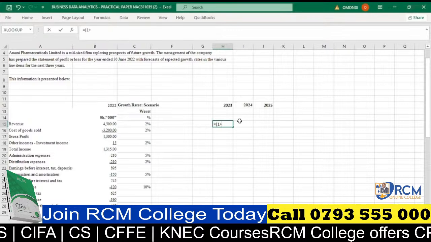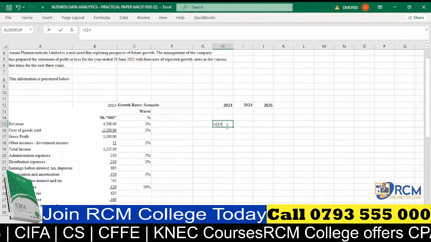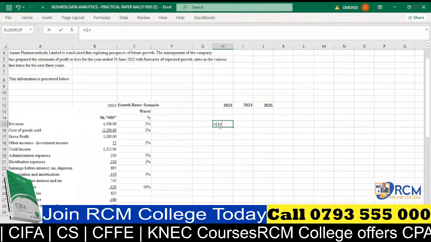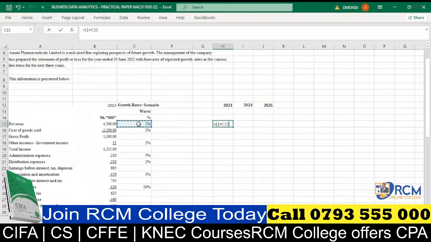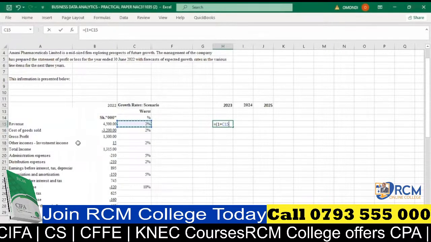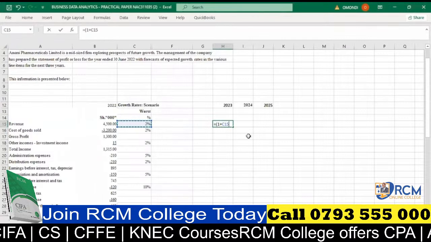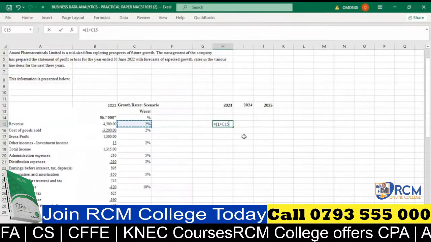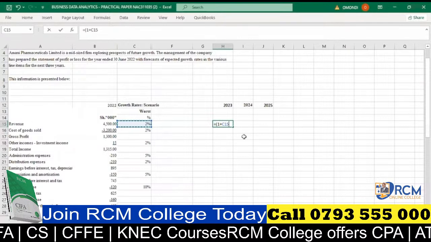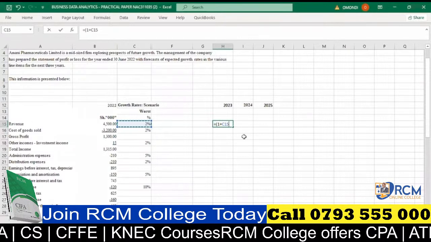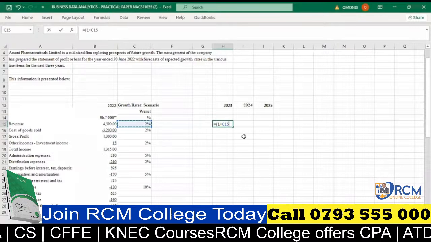So what are we supposed to do here? We simply come to this point and take this 2%. It is going to be constant for all revenues in that section. So what do I do to that? I simply lock all of it.